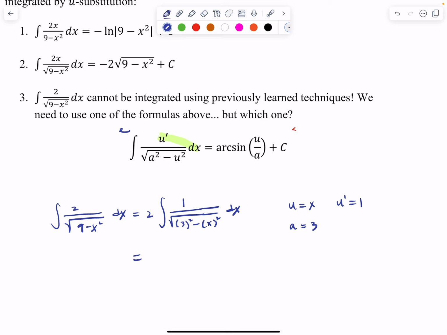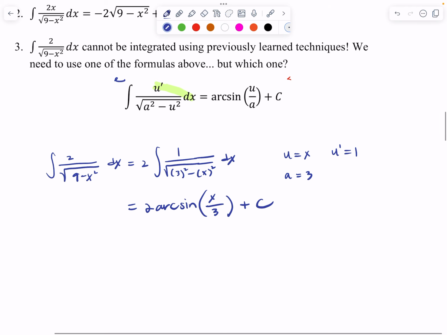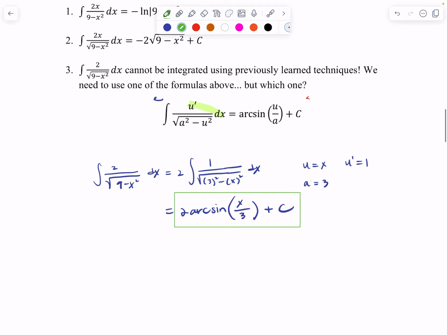So then applying the formula, we'll have 2 times arcsine of u, which is x, over a, which is 3. And then don't forget your plus c. Okay, so that ends up being the indefinite integral of 2 over the square root of 9 minus x squared, which we previously were not able to integrate, but now we can.